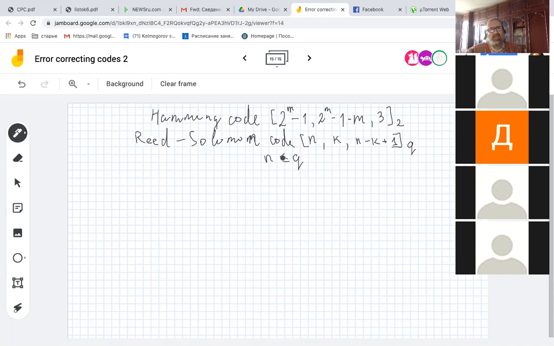So we need to construct somehow codes where the alphabet is small, but still they have decent parameters, namely the decent rate, whose rate is not very low and the relative distance is also not very low.